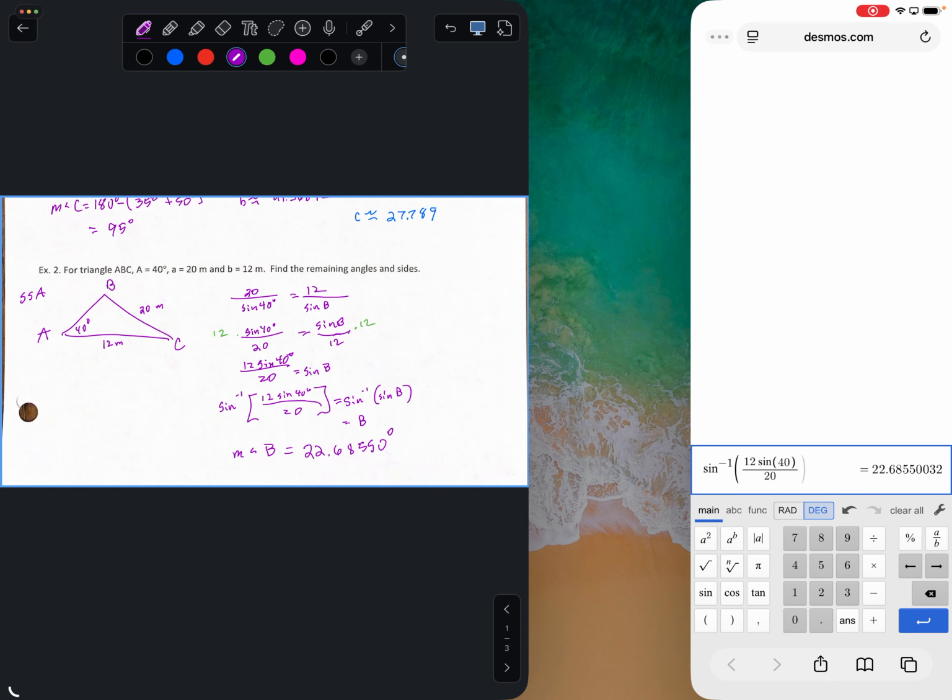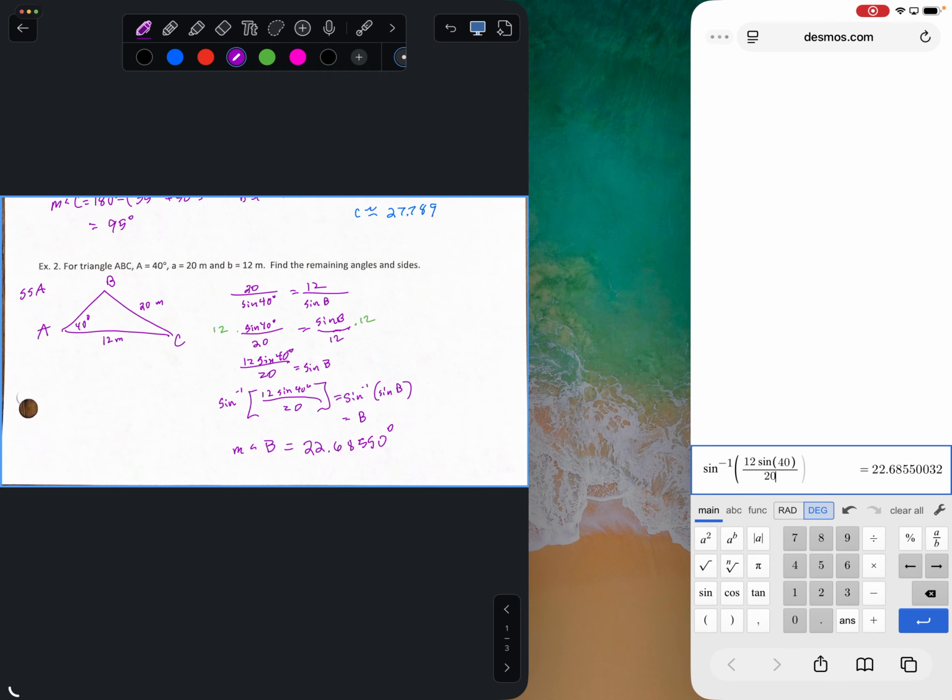And put a degree on that because that is the measure of angle B. And so now that we know angle B, we can find the measure of angle C by taking 180 degrees minus 40 degrees plus 22.68550.